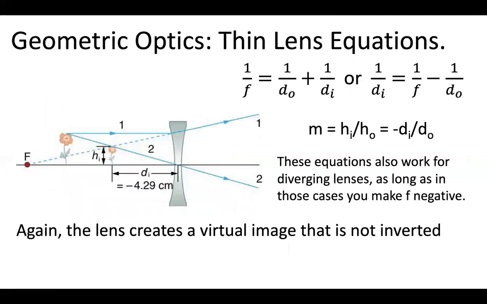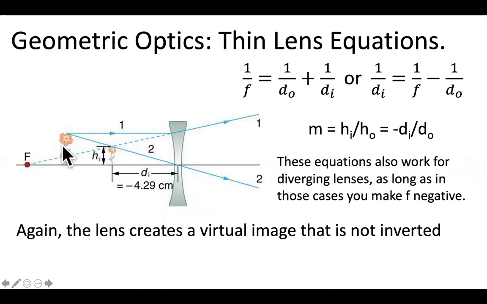And if you have, more generally, a diverging lens like this, you can also get virtual images, in this case because f is itself negative.